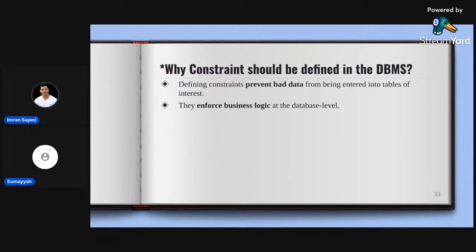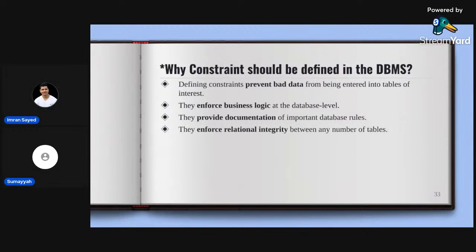They also help in documenting, providing documentation of important database rules. And then enforcing relational integrity between any number of tables. So we spoke about integrity, but we put the word relational before that.